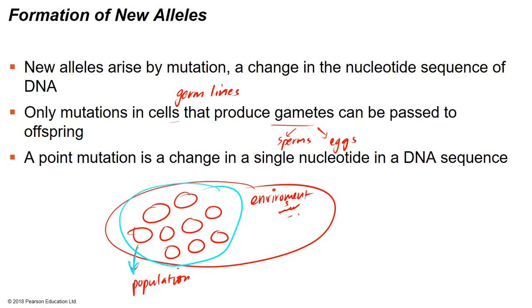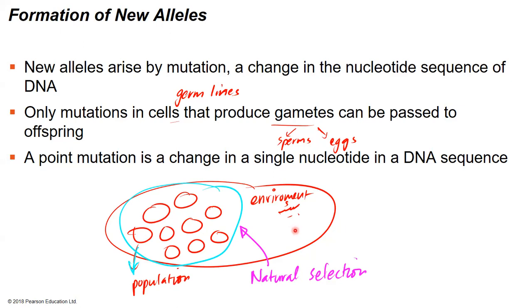So natural selection will select the alleles, and hence the phenotypes, that will allow members of the population to be in a good match with their environment.